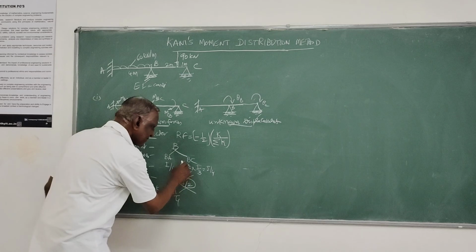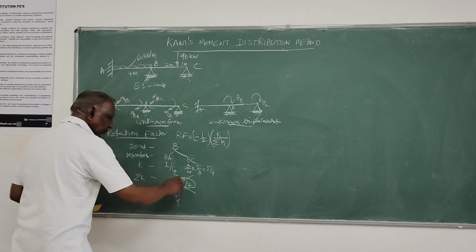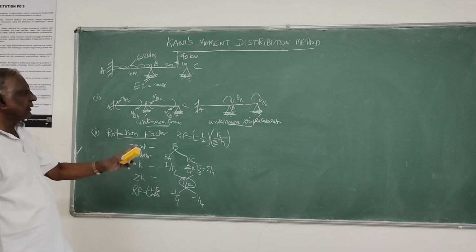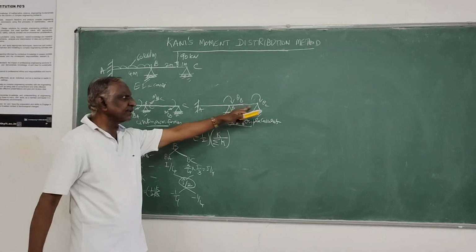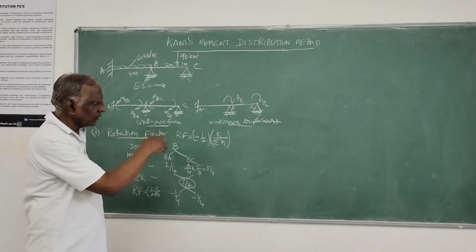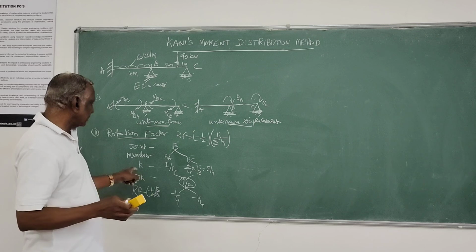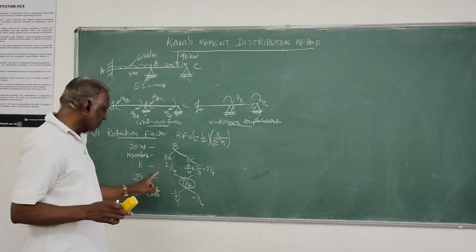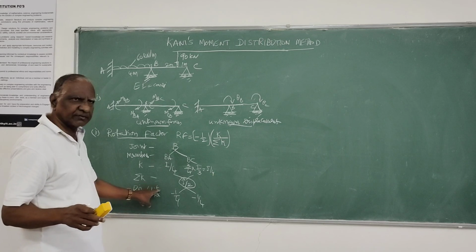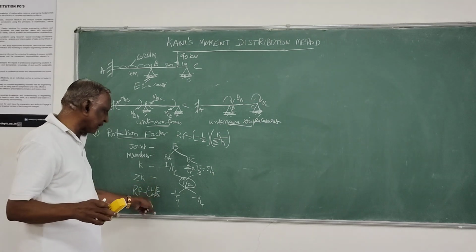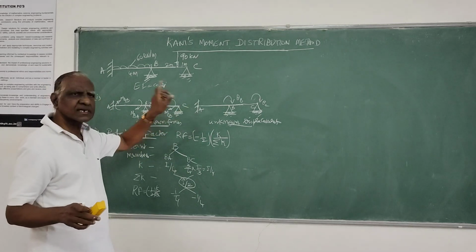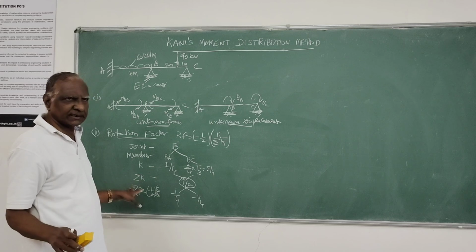Same thing with respect to BC also, I by 4 by I by 2 into minus half, it is minus 1 by 4. And the rotation factor at the joint C, which is simply a roller joint, the distribution factor we were taking as 1, so the rotation factor will be minus half, because this rotation factor we define as minus half times the distribution factor, so it is minus half. Here it is 0, that will not change at all.